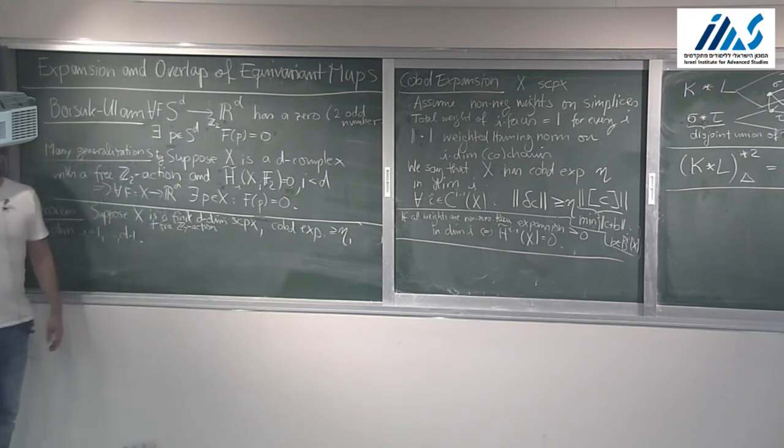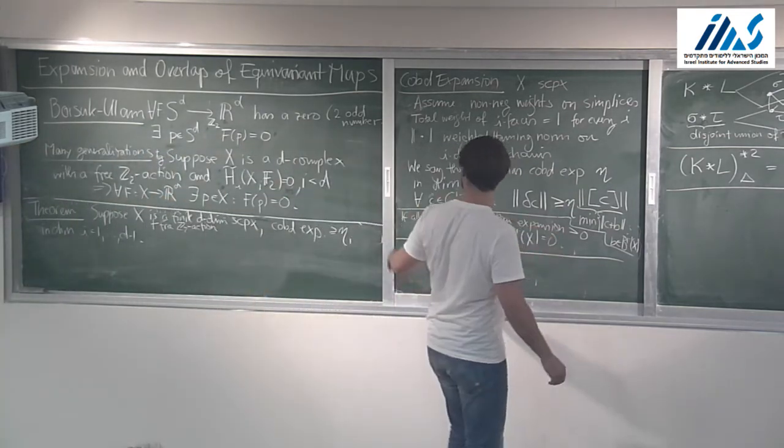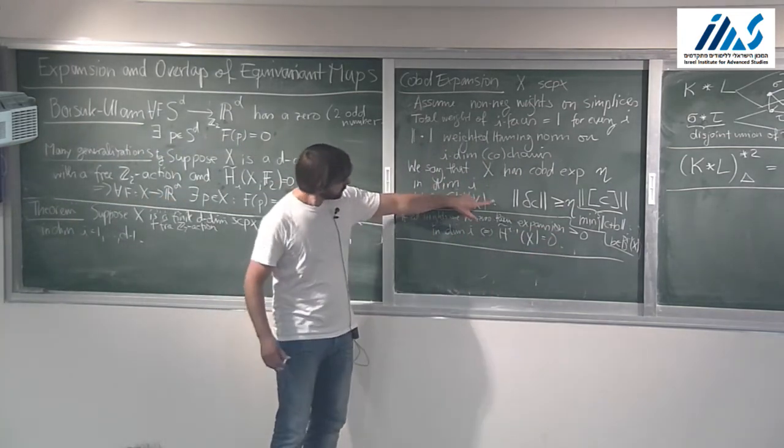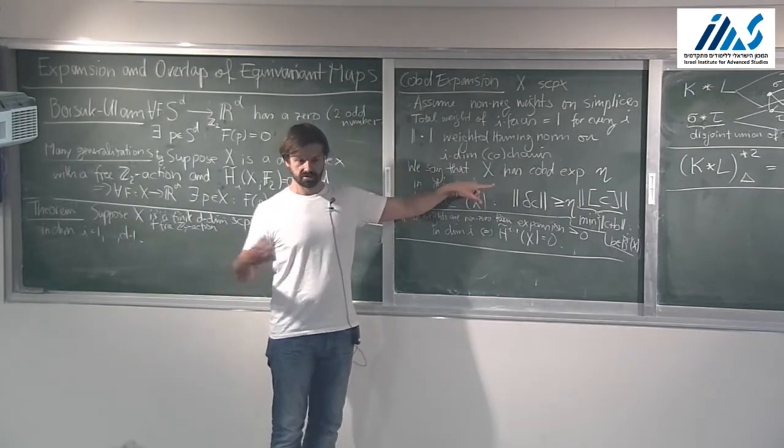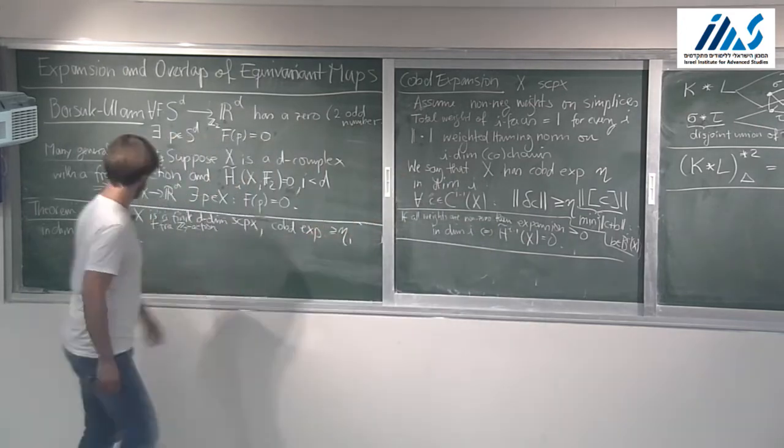There's one more condition, which is that, so I want to look at this Hamming norm. I also have a symmetry on my space. So I want to assume that the Hamming norm preserves the symmetry.